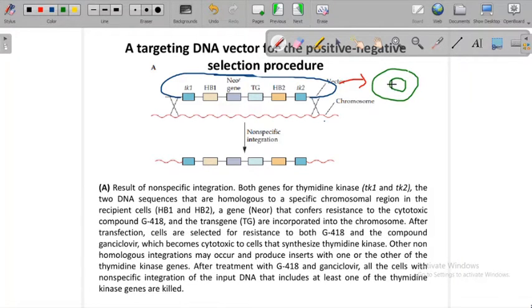Now this is the host genome, guys. Once it interacts with the host genome, the chromosome, it could interact at any spot, ambiguously. But here we have made some changes.